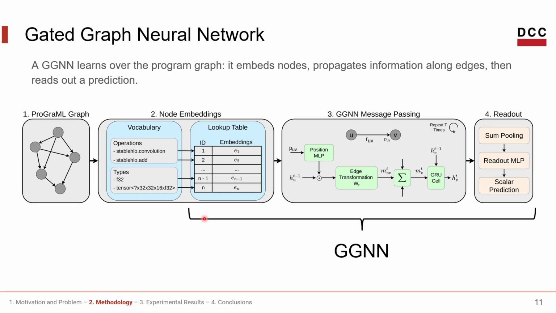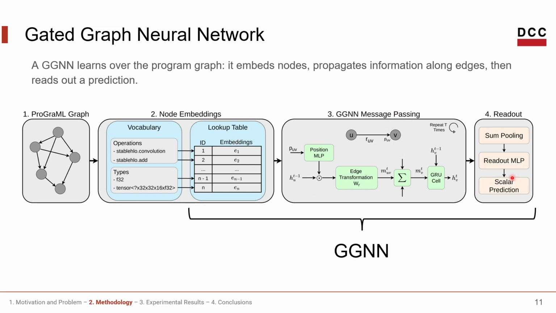Here, basically, a vocabulary is created from the dialect in MLIR, and each one of the nodes in the graph gets assigned an initial state depending on the vocabulary here. The vocabulary maps the node type to the embedding table. So each node here in the graph receives an embedding depending on the lookup table.